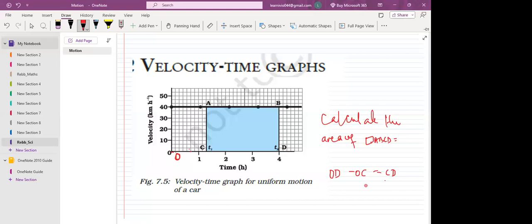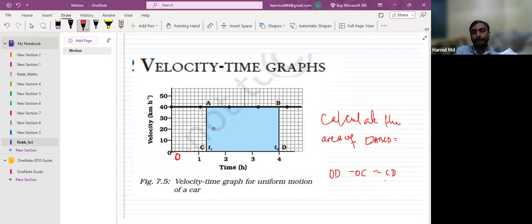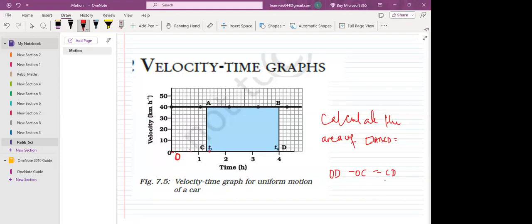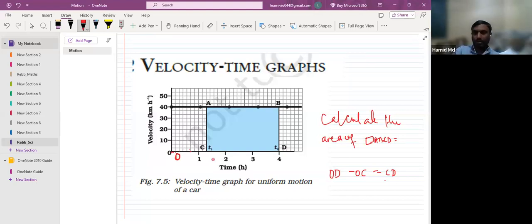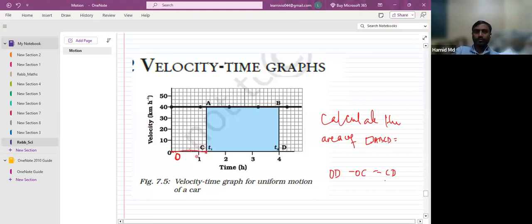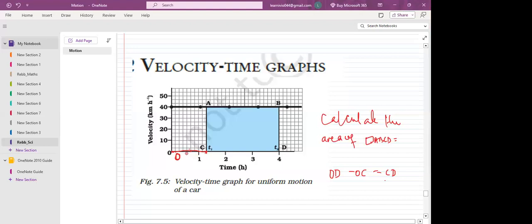So what's the distance between the CD? I mean, not CD, for OC. Why are we calculating OC? The distance is OC only, because we are calculating with respect to the origin.